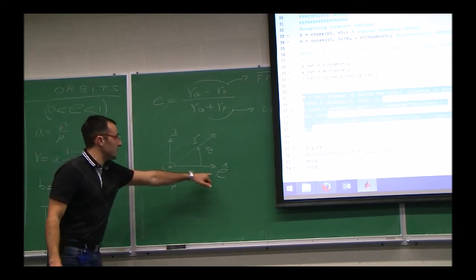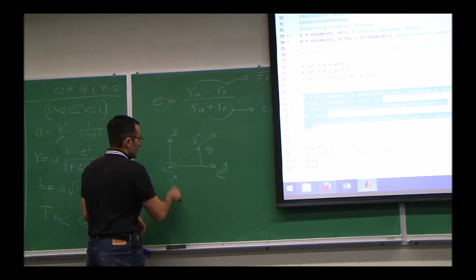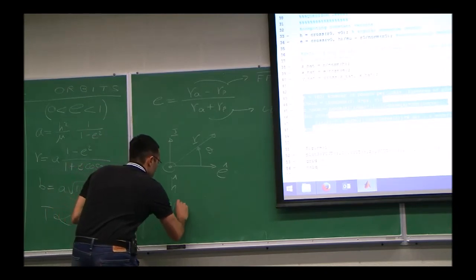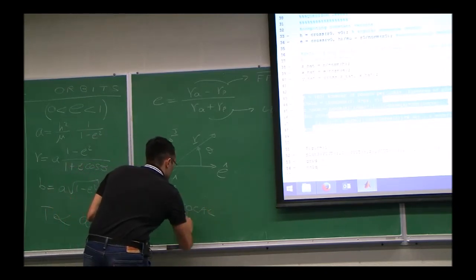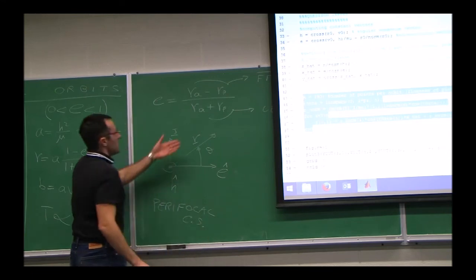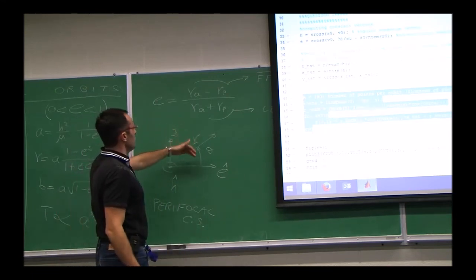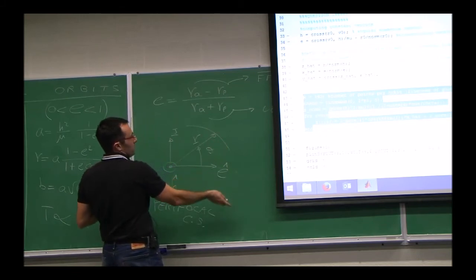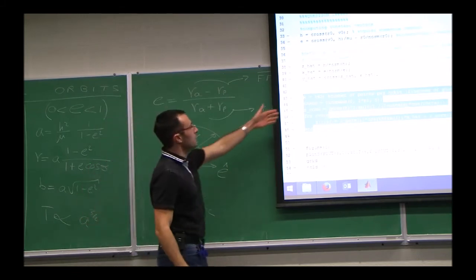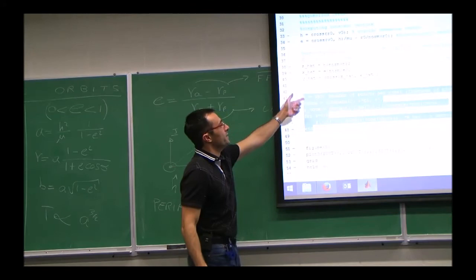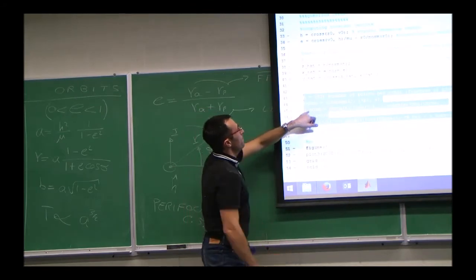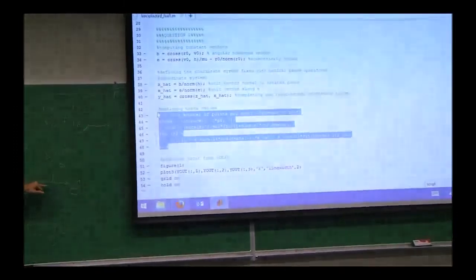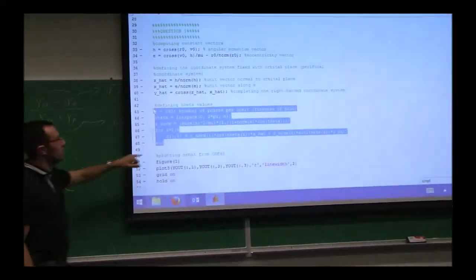By the way, this coordinate system, the way I built it, is called the perifocal coordinate system. And the way you recreate the same trajectory is changing the value of theta from 0 to 2 pi, and I did it with a fineness of 1 degree, by saying that r is cosine of theta E, which is what I'm doing here.